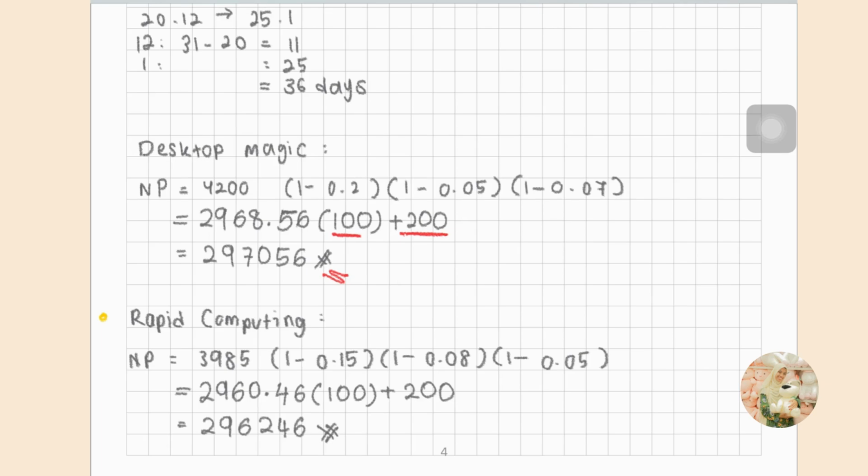Same for Rapid Computing, we put in the information given, then we will get 2,960.46 ringgit times 100 because of 100 laptops, plus 200 transportation cost. Then we will get 296,246 ringgit. Obviously, we can see that Rapid Computing gives a better price than Desktop Magic. Hardware crew should choose Rapid Computing to start his business.